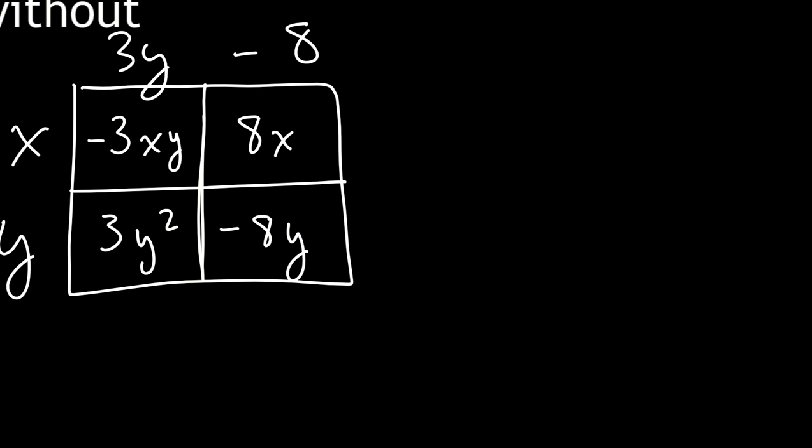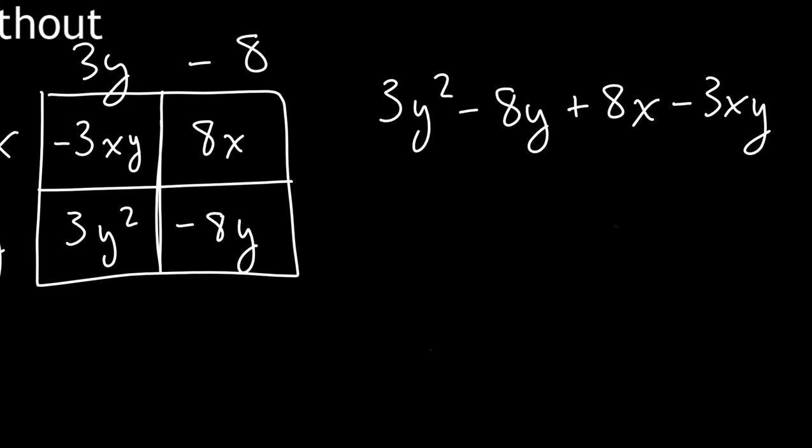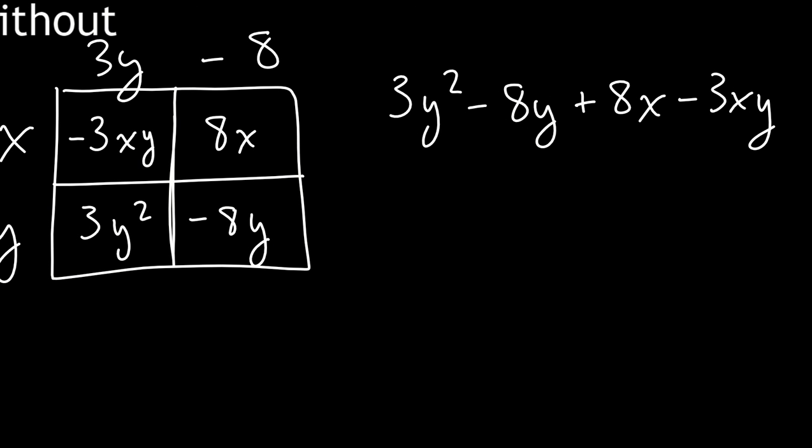So what I normally like to do is start with my powers and then write descending powers of the variable. So I might write this as 3y squared minus 8y, and then plus 8x and then minus 3xy. And I'm not actually committed to that order. If you're adding 2 and 3, it doesn't matter if you add 3 plus 2 or 2 plus 3.